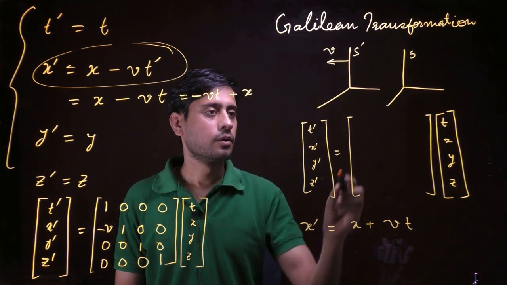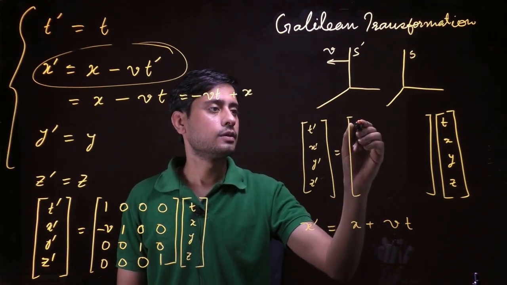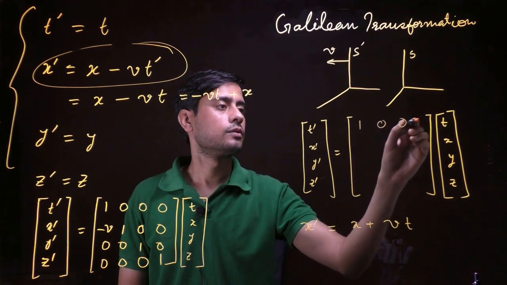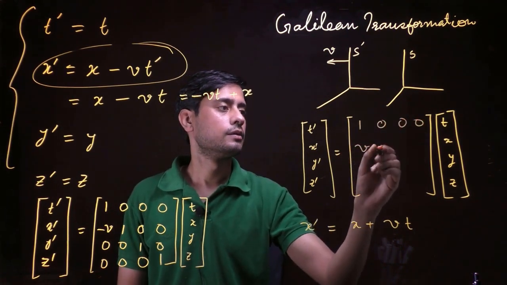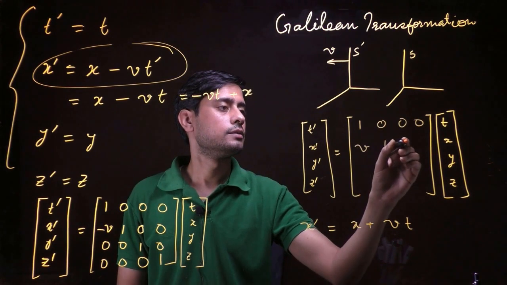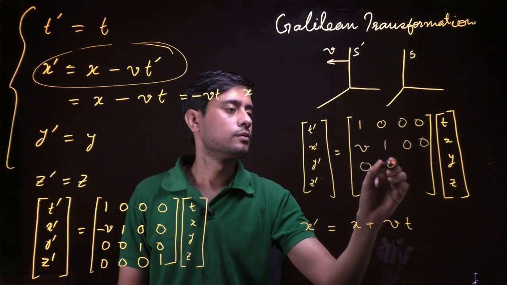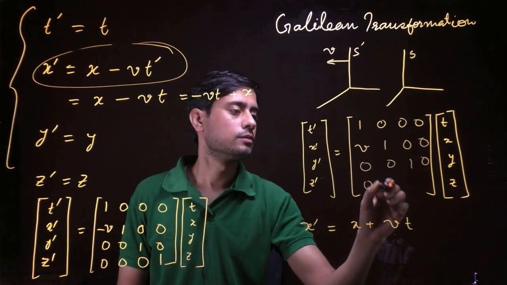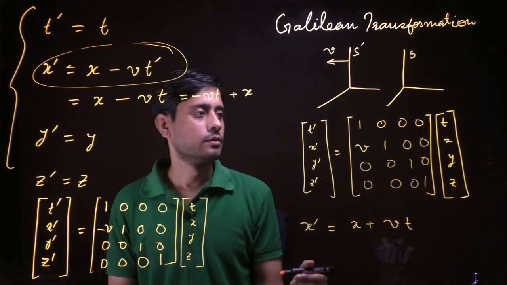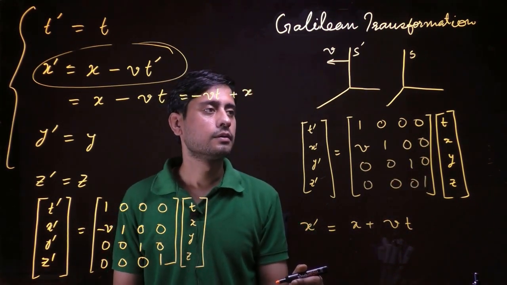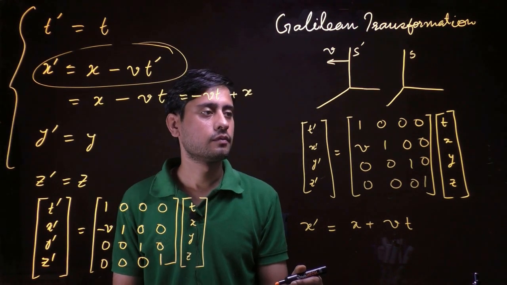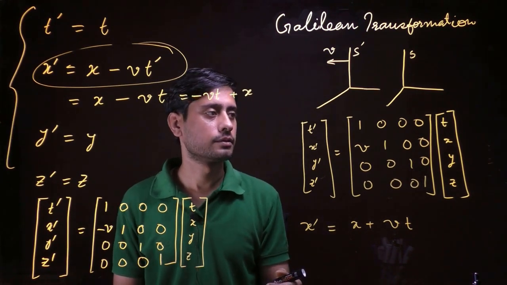Okay, so only this thing will change. So here will be 1 0 0 0, and this is v, and this is 1 0 0 0 0 1 0 and 0 0 0 1. So this will be the Galilean transformation equations in matrix notation.